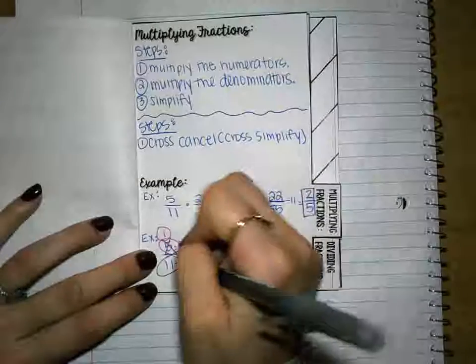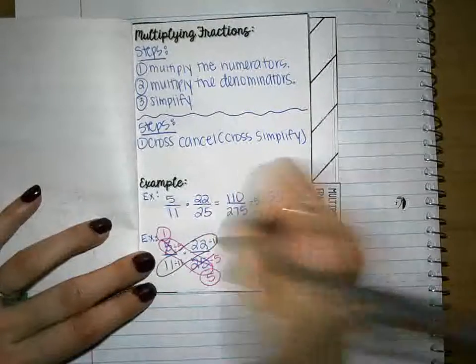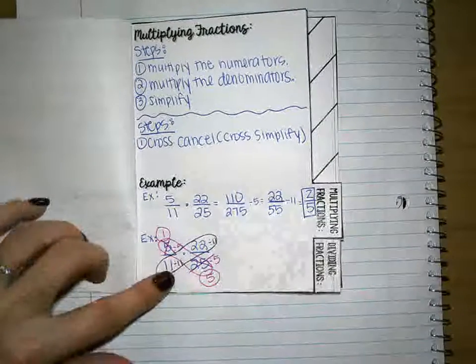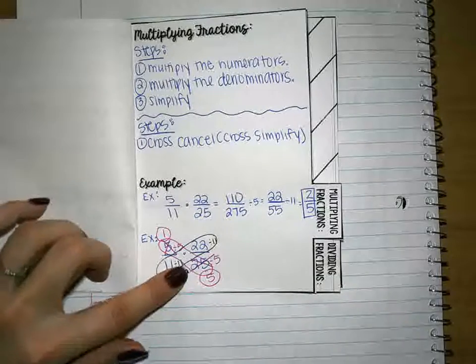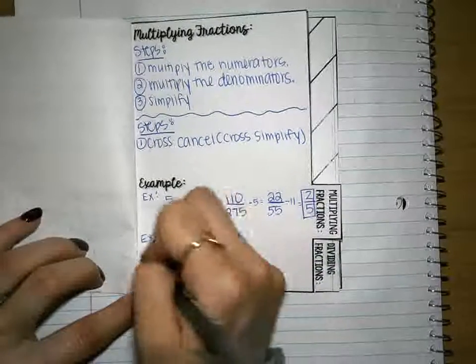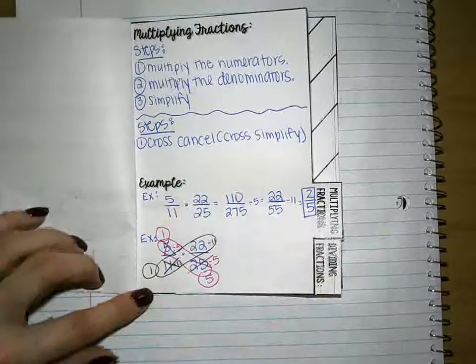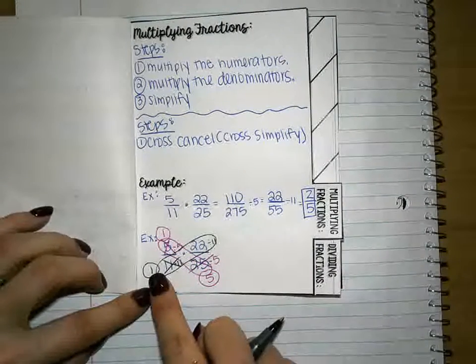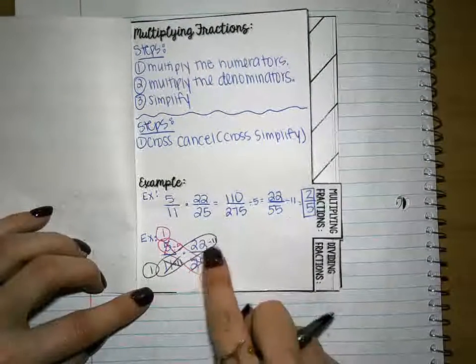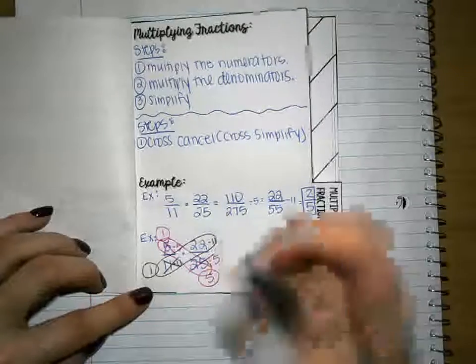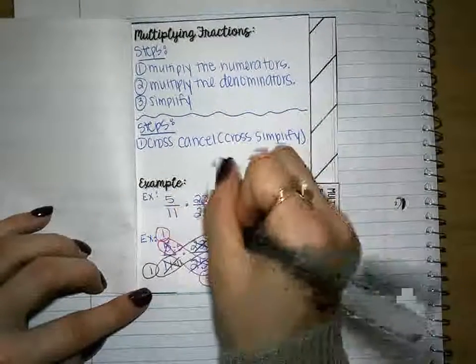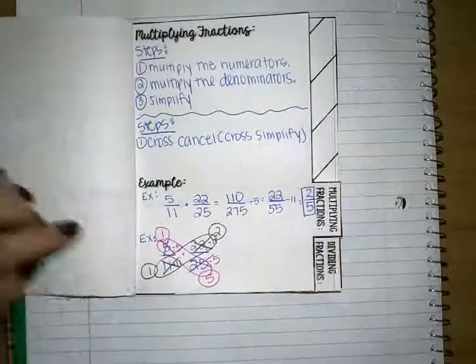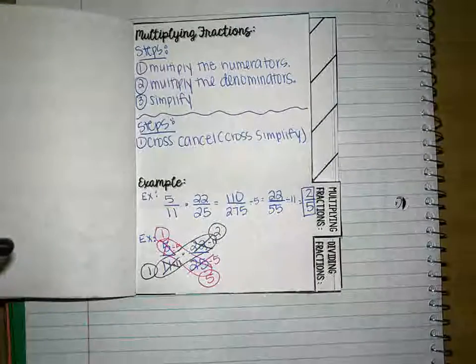So I'm going to divide each of them by 11. 11 divided by 11 is? 1. So I'm going to cross it out and write a 1. And 1 is my new denominator. And what's 22 divided by 11? 2. So I'm going to cross out the 22, write a 2, and circle it.